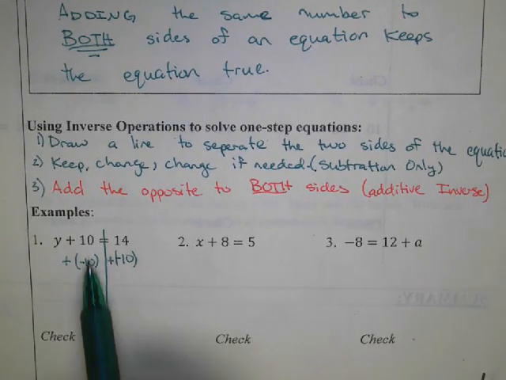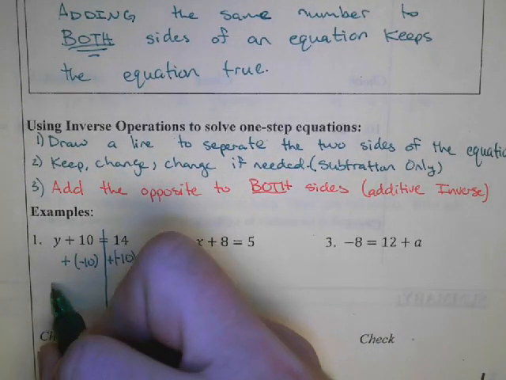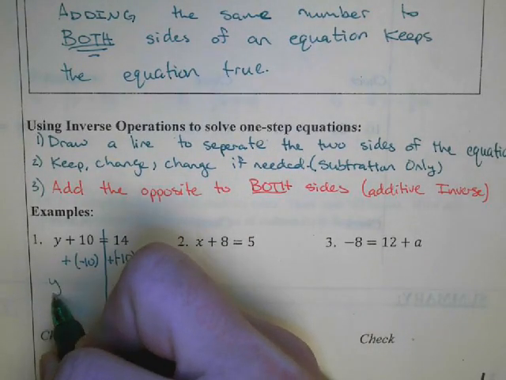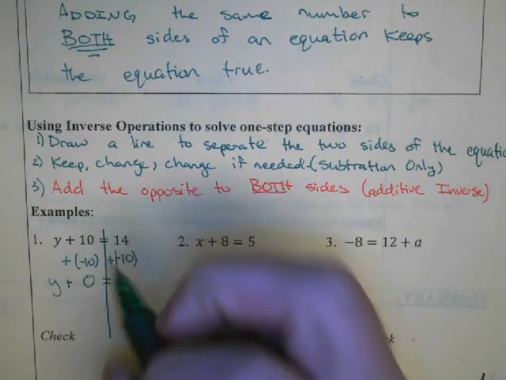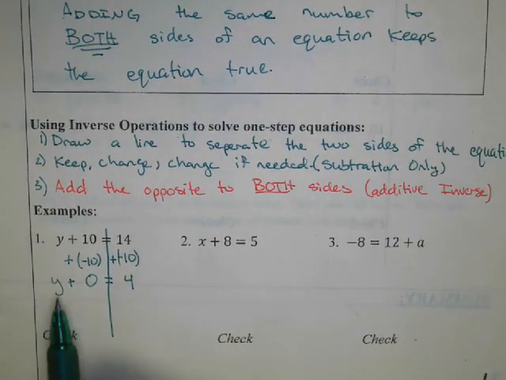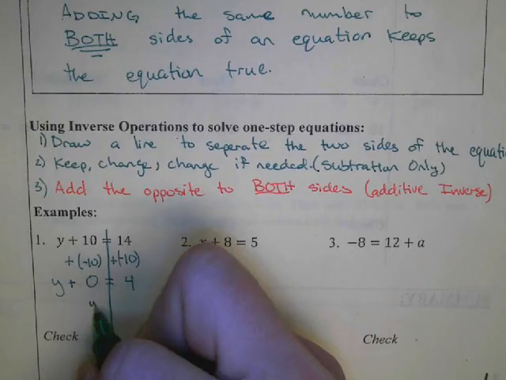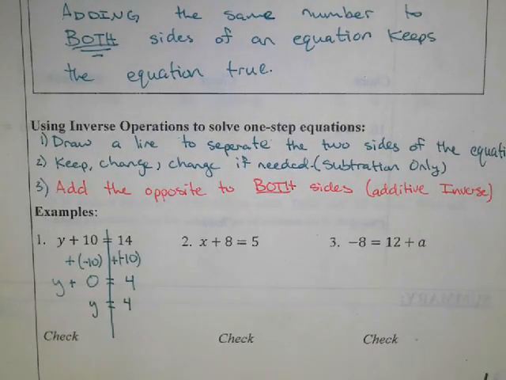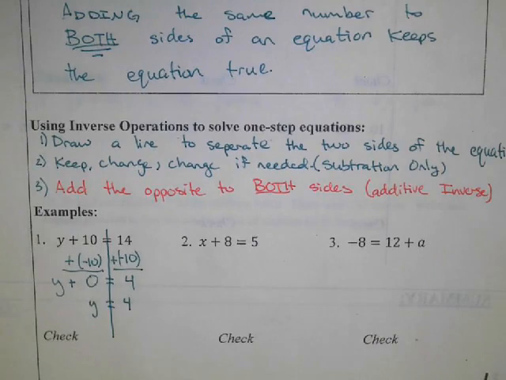So when I add the opposite, the 10 and the negative 10 cancel each other out, and I'm left with just y. I'm going to write it out so we can see it for this one. 10 plus negative 10 is 0. 14 plus negative 10 would be a positive 4. And any number plus 0, if it was 7 plus 0, it equals 7. But if it's y plus 0, we're just going to say it equals y. We can say y equals 4.